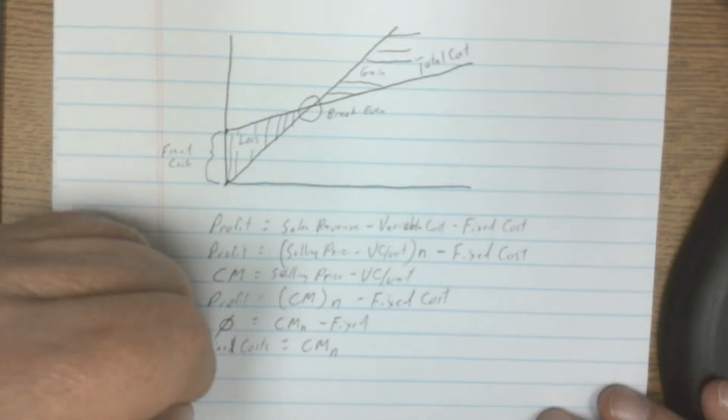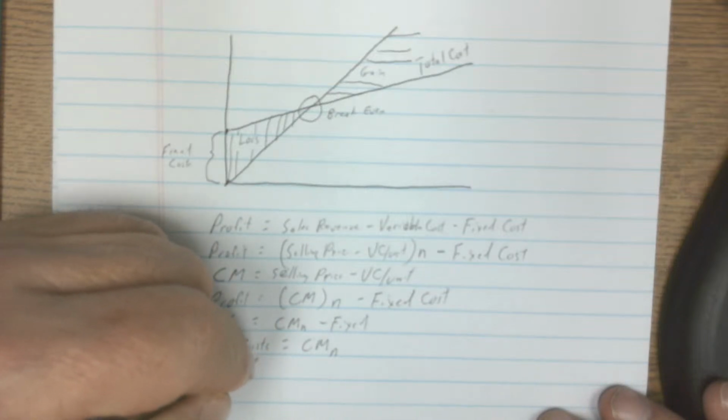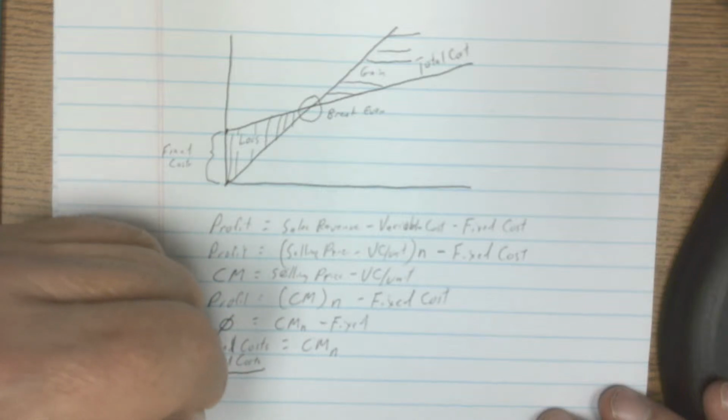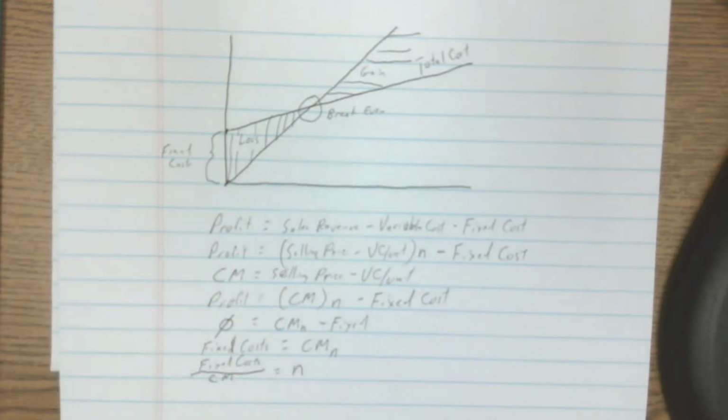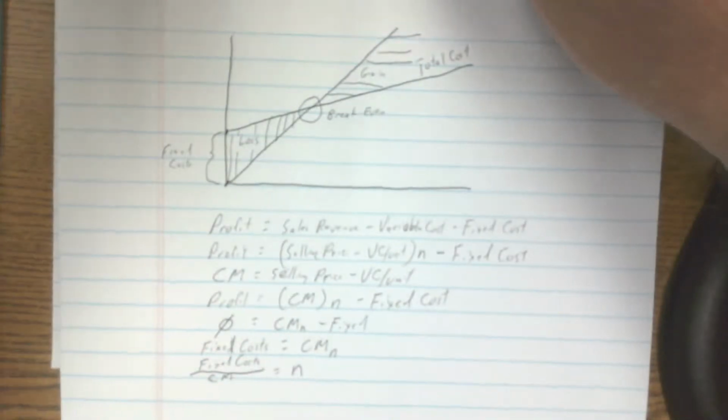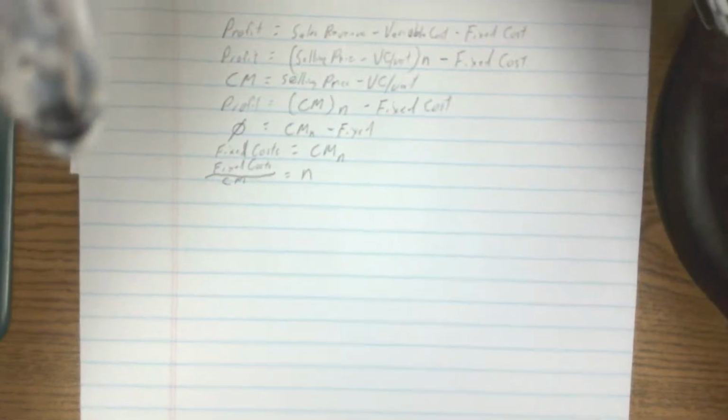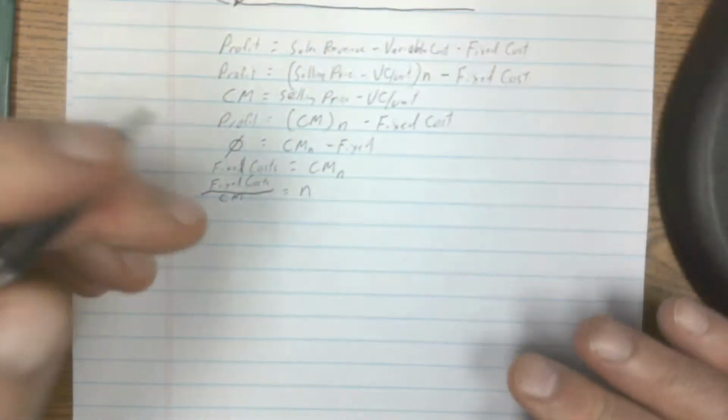And so I just get this fixed costs divided by the contribution margin per unit is going to equal the number of units that I have to sell. All right, so let's plug some numbers in here and work it out.